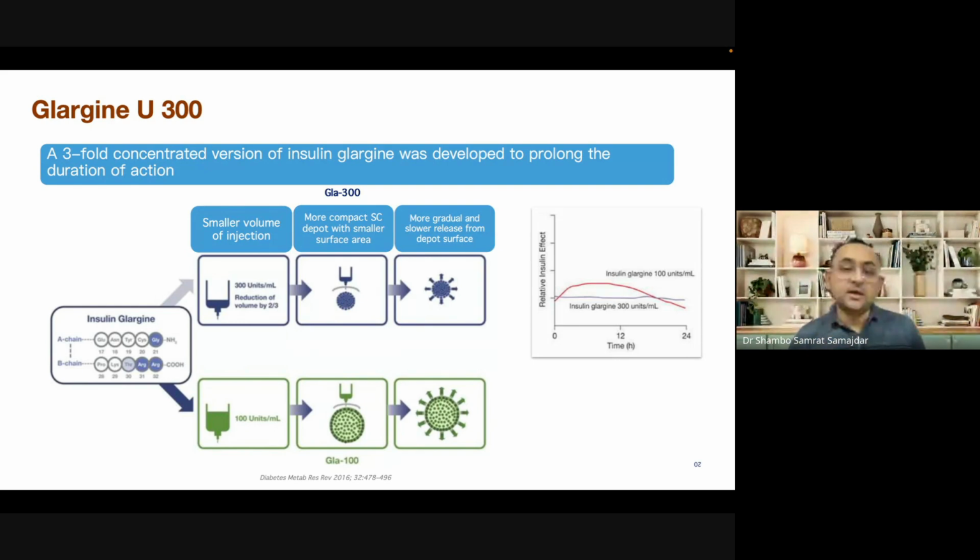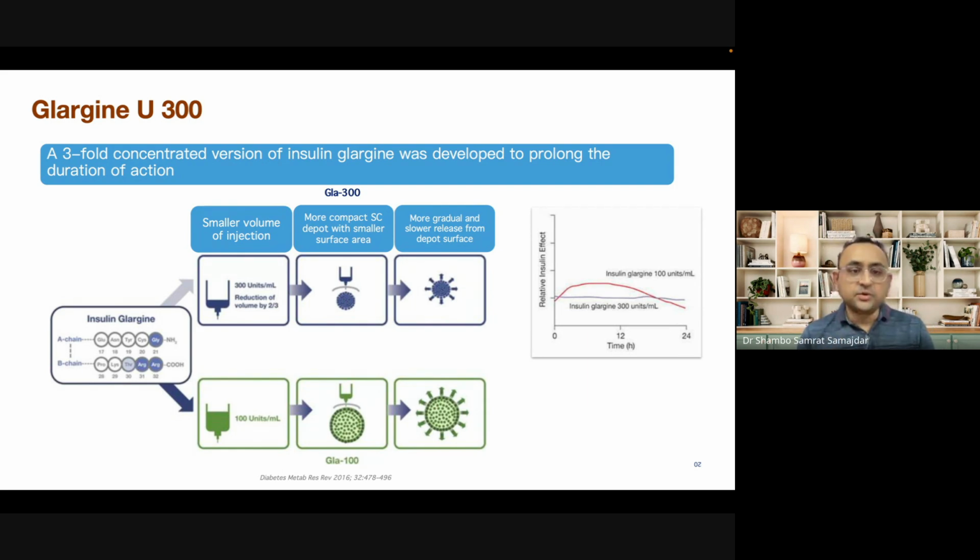Coming to another new generation, or second generation, basal insulin: threefold concentration. So we have glargine U100, and now we have glargine U300. It is threefold concentration. This version of insulin glargine was developed to prolong the duration of action. We can see in this picture the insulin effect of glargine U300 here, and the red line was glargine U100. What happened?